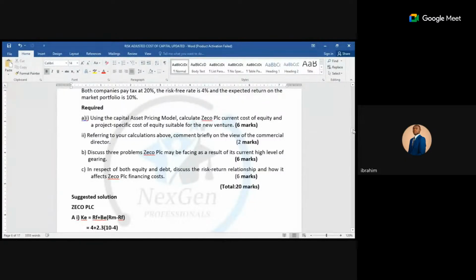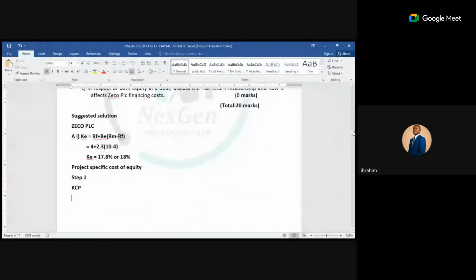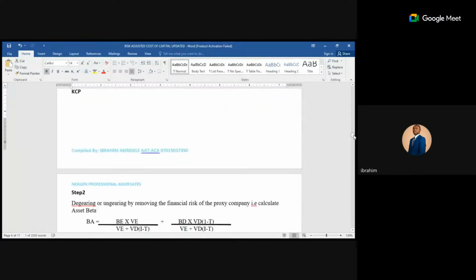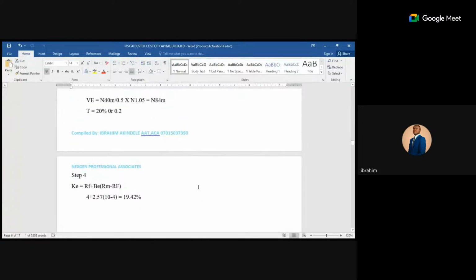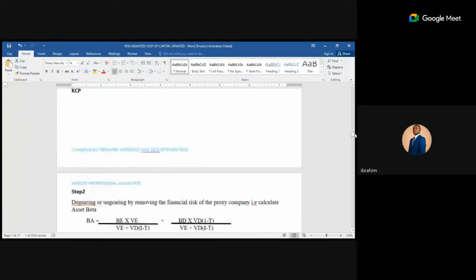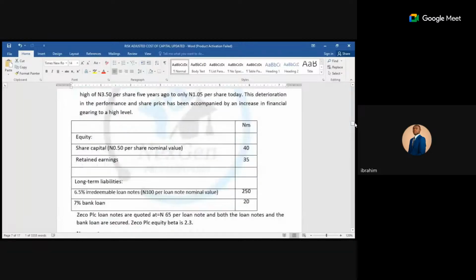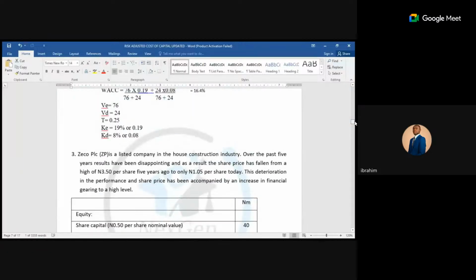Don't forget, we calculated the cost of equity without including risk, which gives us 18%. Then we calculated the project specific cost of equity, which gives us 19.4%, which includes both systematic risk and the financial risk of the project.